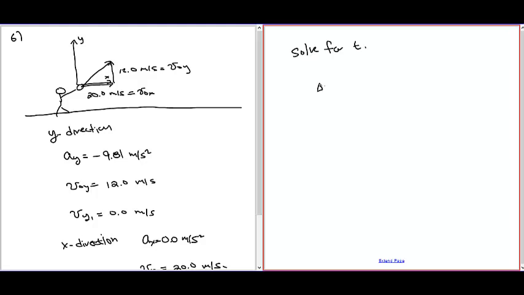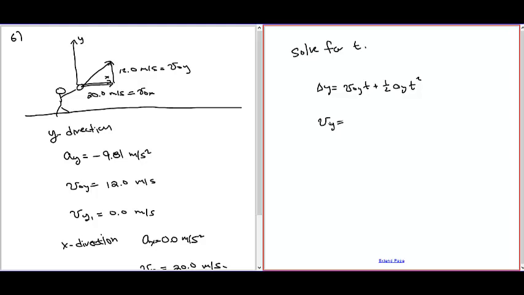So if we say delta y is equal to v0y t plus 1/2 a sub y t squared, here we don't know two things, so that's not going to work out, is it? So that seemed like a good idea, but it probably is this second equation.